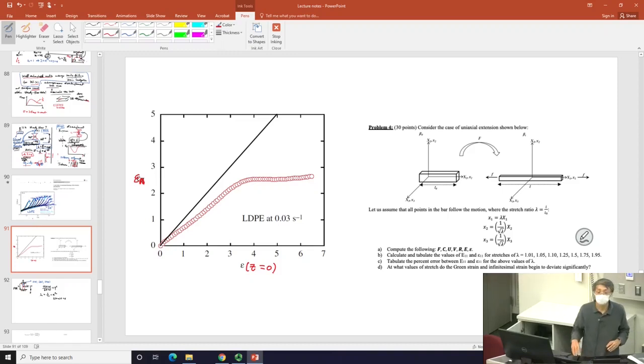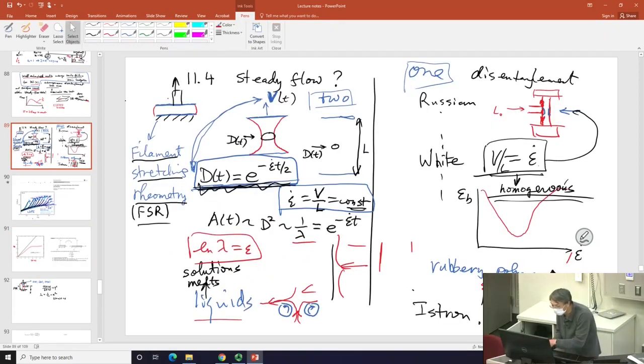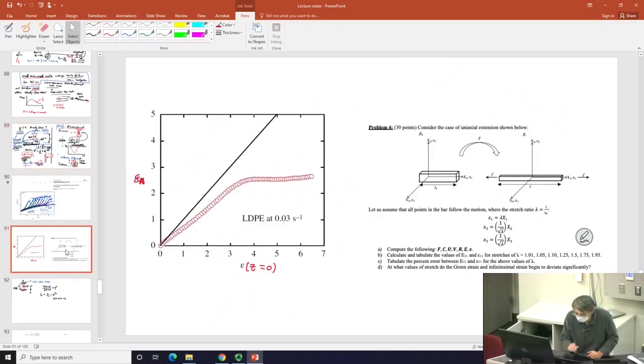Okay? So what happens? What happens is, as described last time, because your sample has the tendency to undergo disentanglement in some localized manner, with a tendency of wanting to break in the middle, the system compensates for that so that even though your nominal strain is not very high, the strain in the middle is already very high.